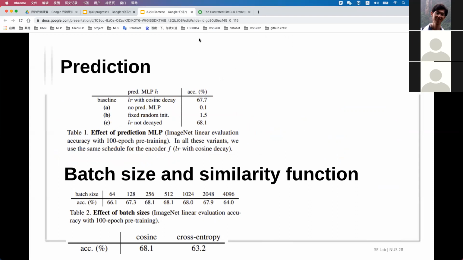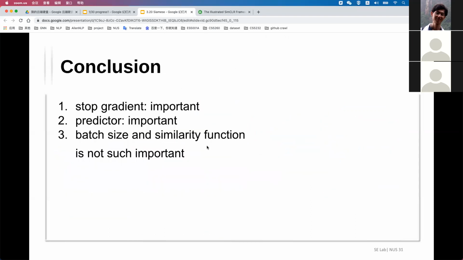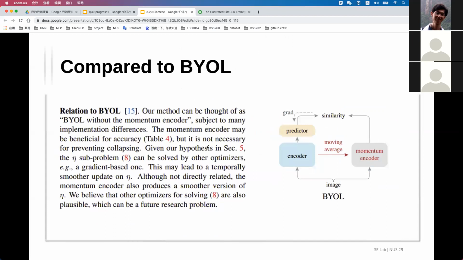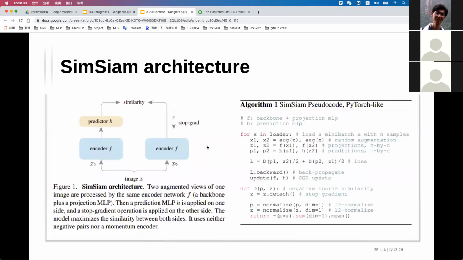So this is a BYOL paper, right? No, it's from SimSiam. Yeah, SimSiam. Because he wants to say that just using a simple stop gradient, it works.